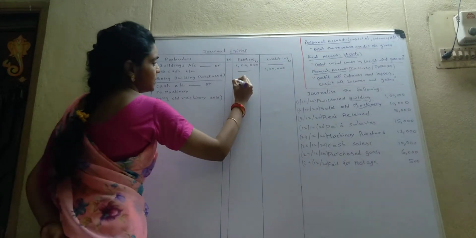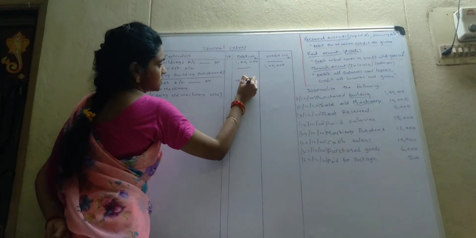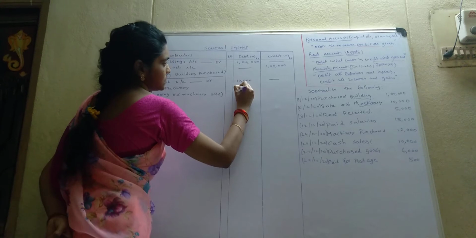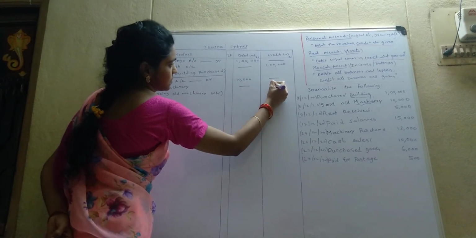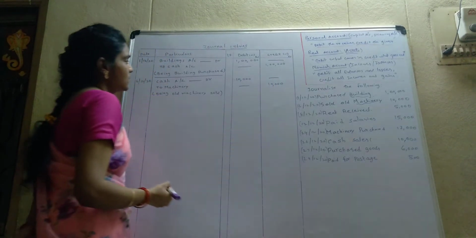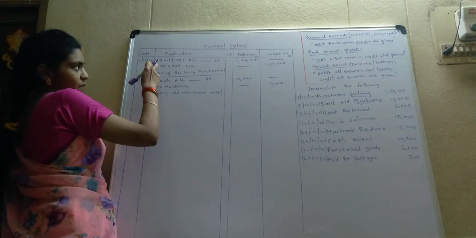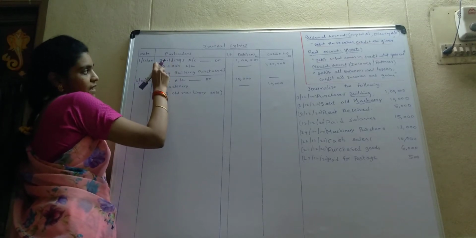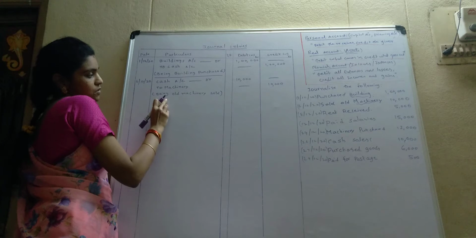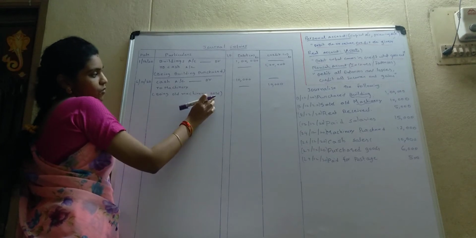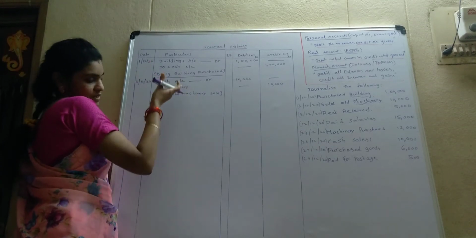And what's the amount? 10,000. If we purchase the buildings, cash goes out. If you sold the machinery, cash comes in.